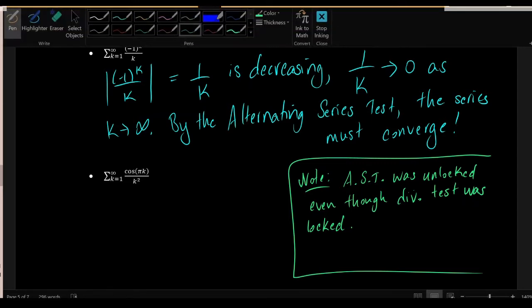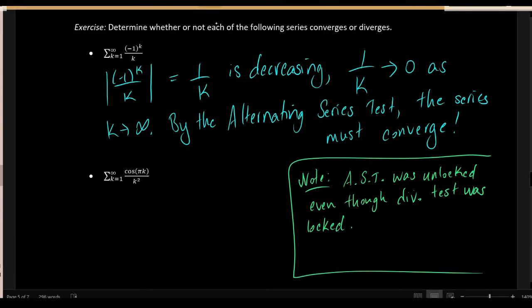The next thing that's kind of neat about this example that's worth paying attention to is that the sum of -1 to the k over k, the alternating harmonic series, converges even though if we had only positive terms and we had 1 over k, we would get a divergent series.